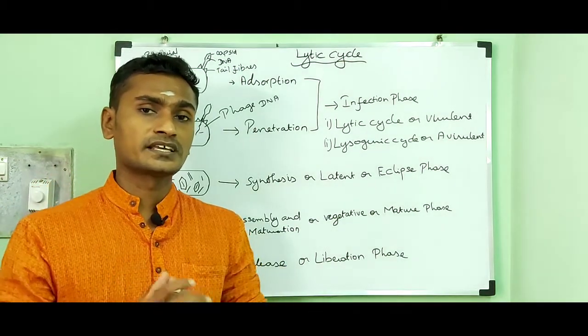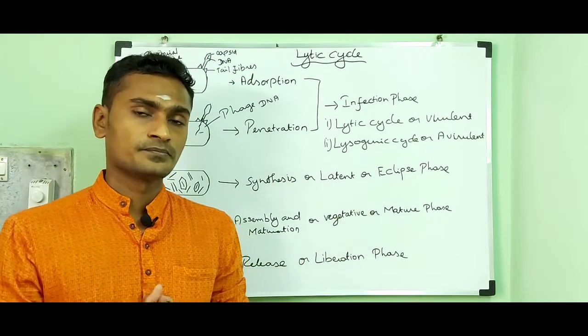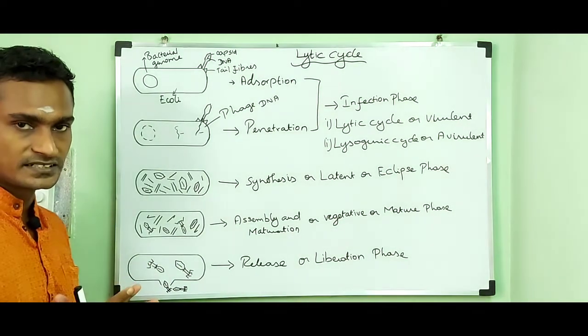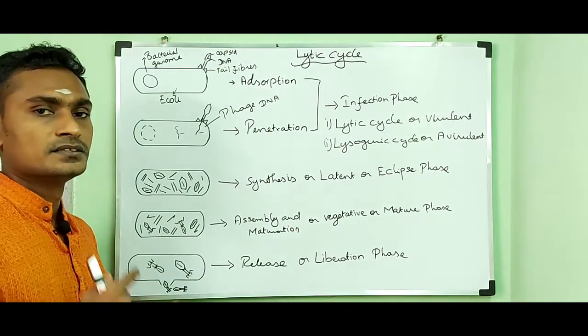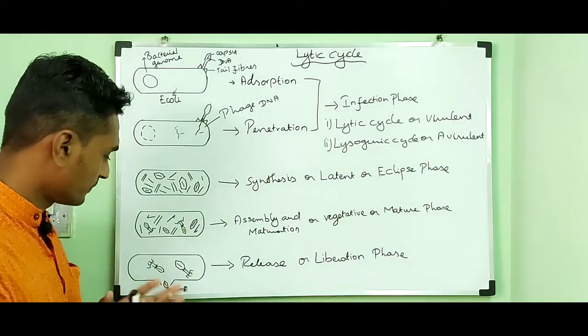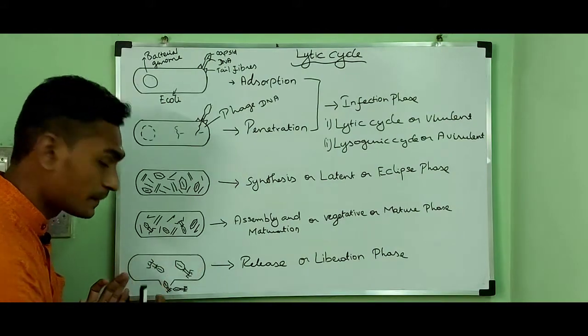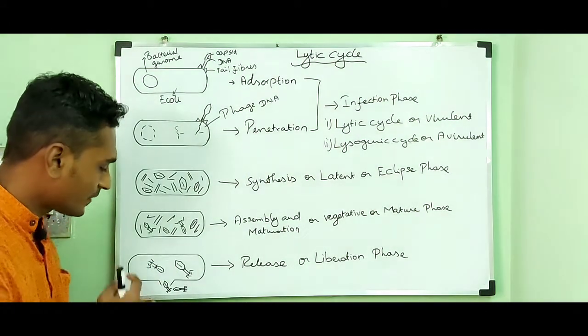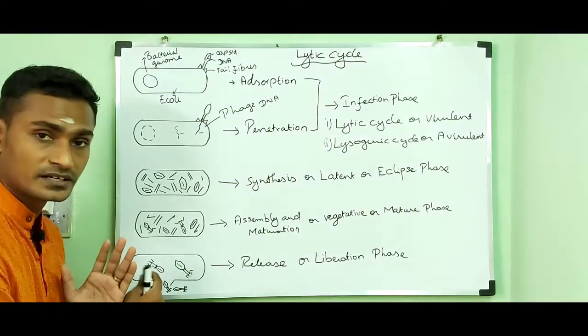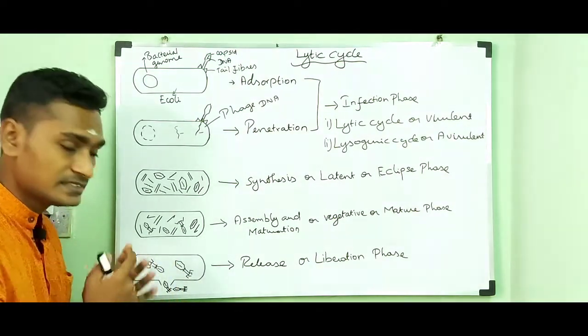During the lytic cycle of the bacteriophage, the bacterial cell gets disintegrated and the progenies of virions are released from the bacterial cell.